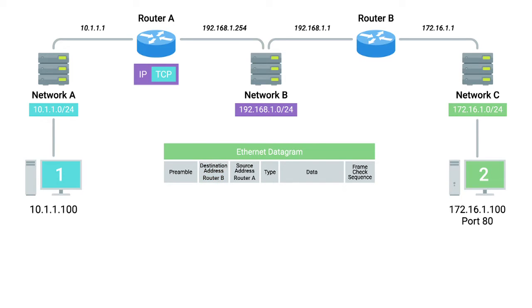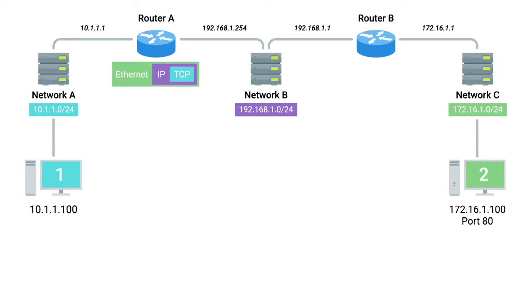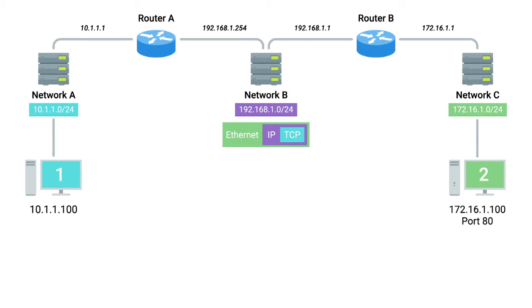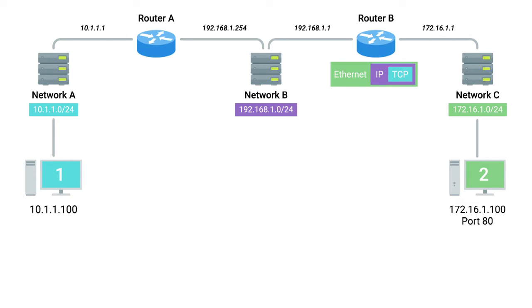Once the values for all fields in this frame have been filled out, router A places the newly constructed IP datagram into the data payload field, calculates a checksum, and places this checksum into place, and sends the frame out to network B. Just like before, this frame makes it across network B and is received by router B.